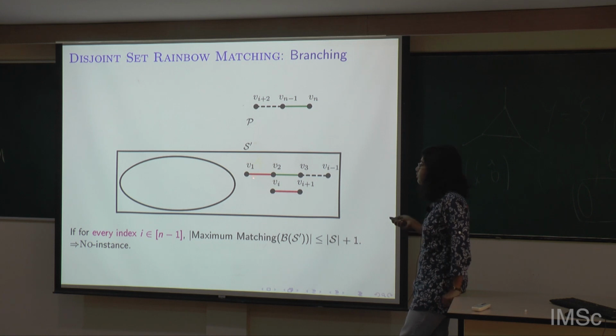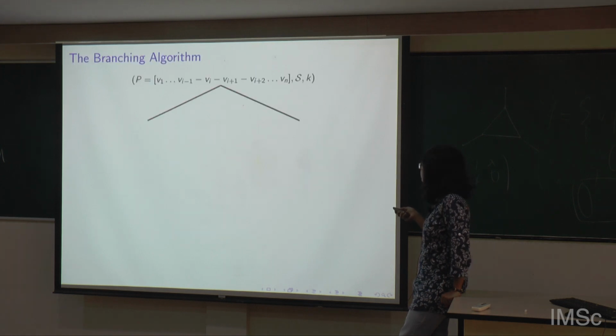So this is the intuition on which we will be branching. In the branching algorithm, we will be looking for such an edge. What is the property of this edge? This is the edge that goes into the solution, and the prefix path has exactly one edge in the solution. So let's look into the branching. We have this path and we are branching on this edge vi plus 1.